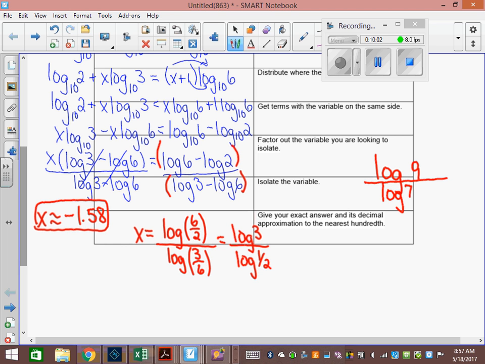Right now I have that. How could I put it together? Log 1/2 and then 3. No one remembers this rule. Everyone remembers it this way. It's on your formula sheet. It's the last log law. Okay? You have to remember that you can go from a log over a log to a single log.